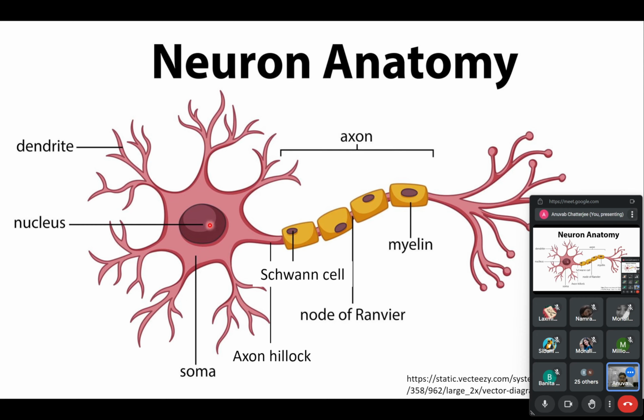So you can see the nucleus, and from the cell body there are many processes which are extensions of the entire cytoplasm which branch out like this. These smaller processes are known as dendrites, and this entire formation is known as the dendritic tree of the neuron.